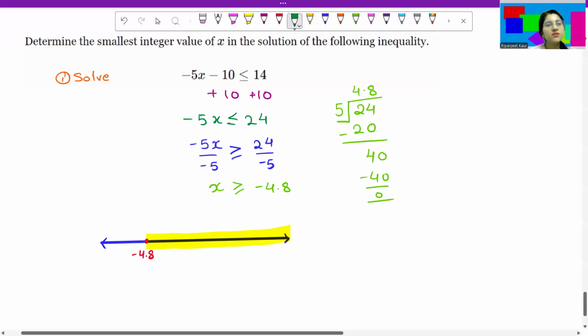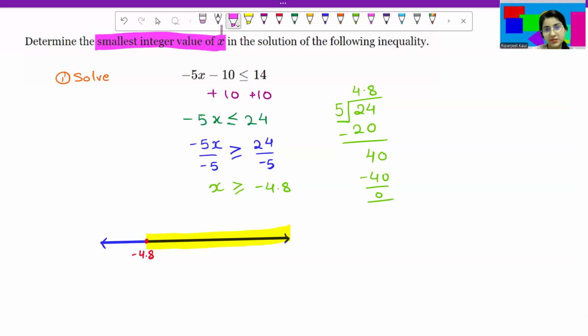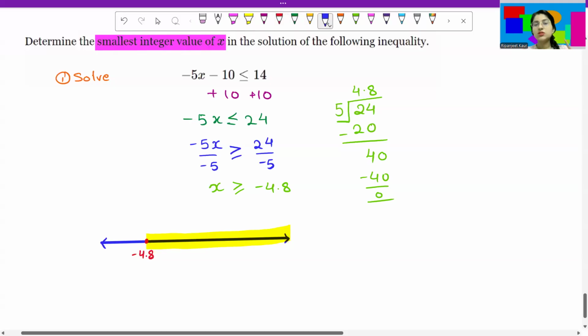But over here they have given a condition: determine the smallest integer value of x. The value which is an integer and which is the smallest. What do you think? What is the value in this whole shaded yellow part, which is an integer and which is the smallest? Negative 4.8. Is it an integer?